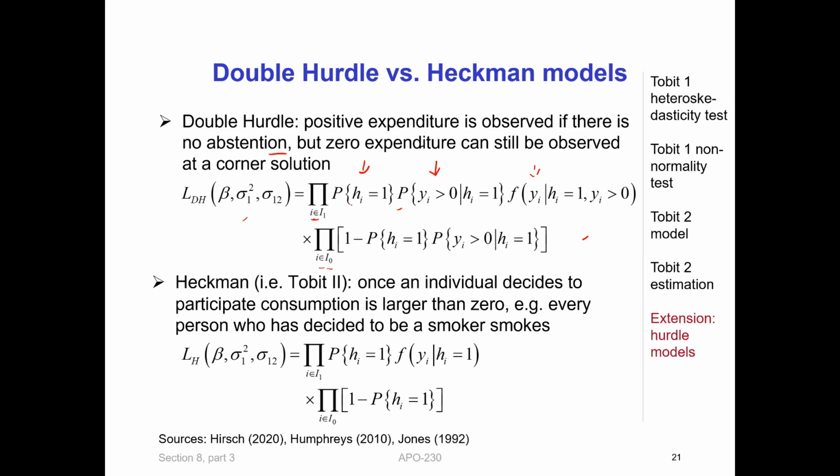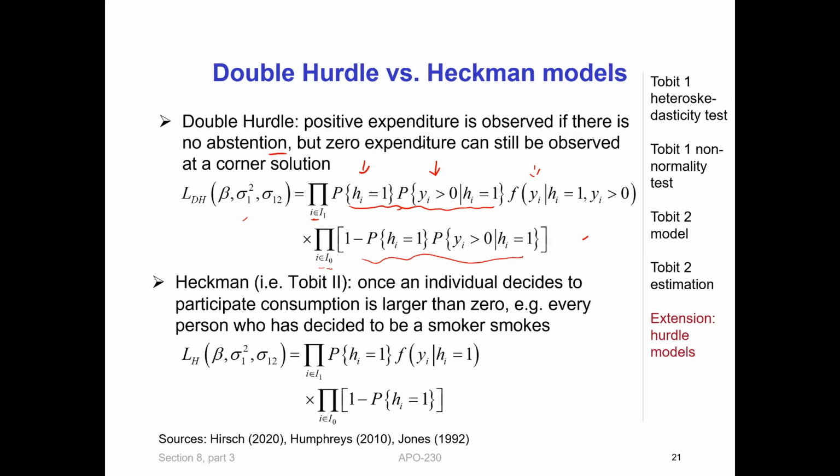Because this is the probability of a positive expenditure, including two parts, then 1 minus this probability becomes the probability of observing the zero.